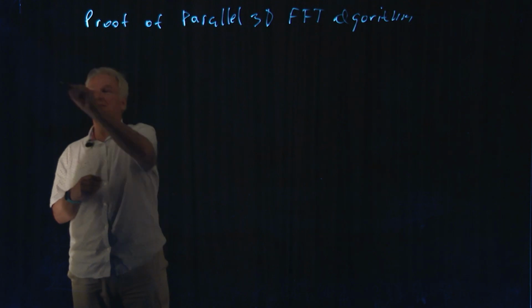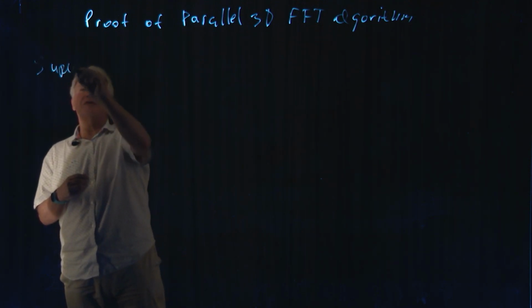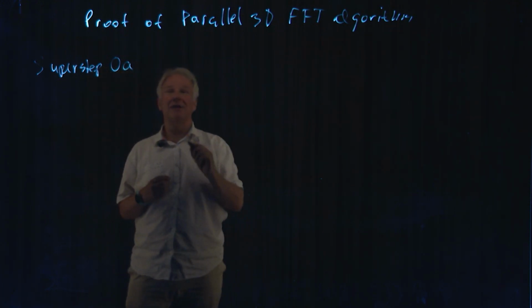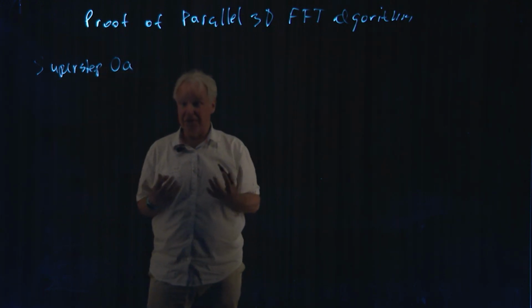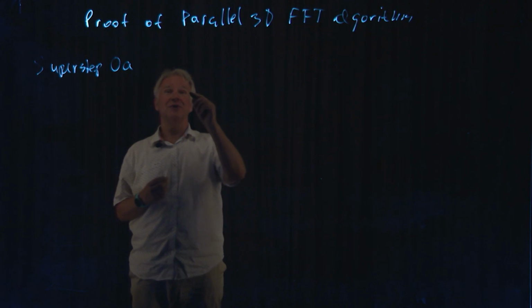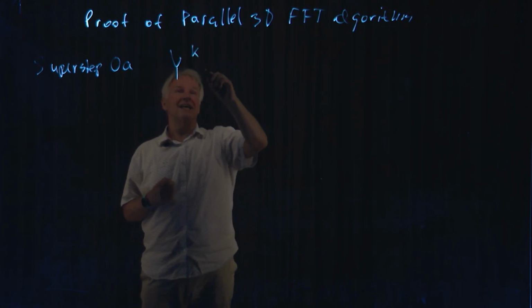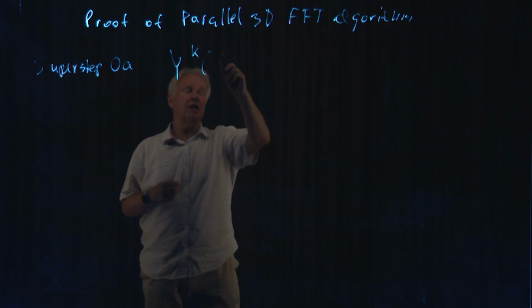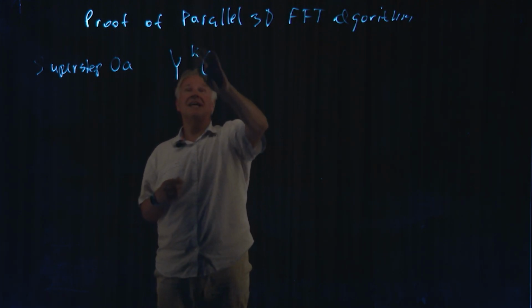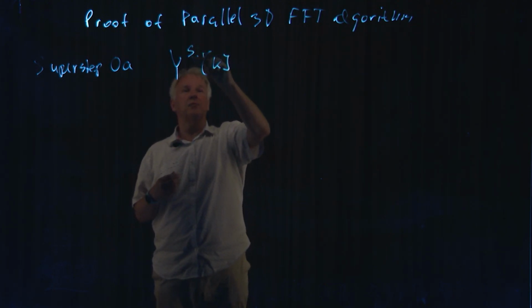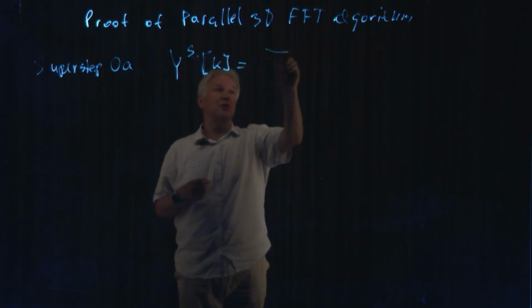is as follows. So let's look first at superstep 0. And let's look at the first part, which does just a local fast Fourier transform. Let's call it y_s of k. That's this transform.